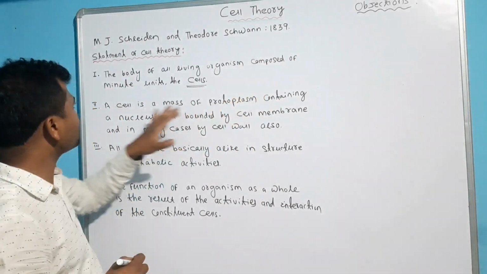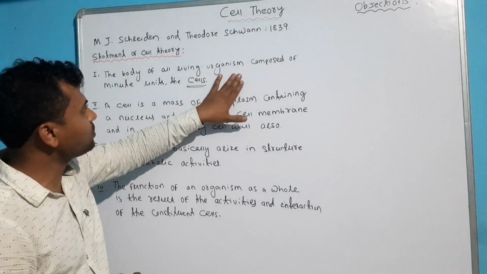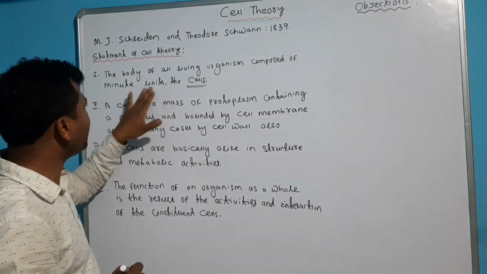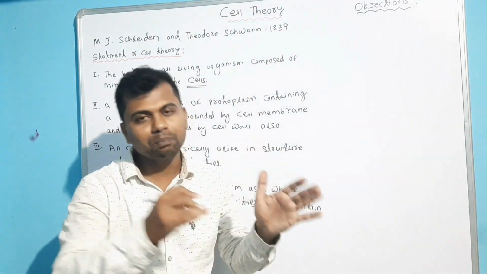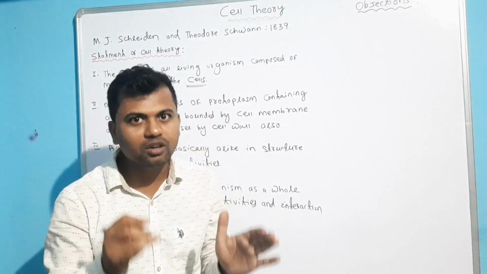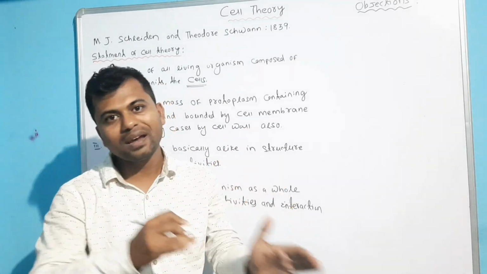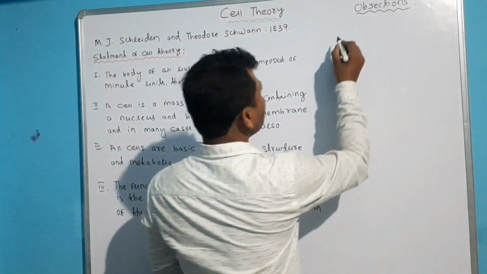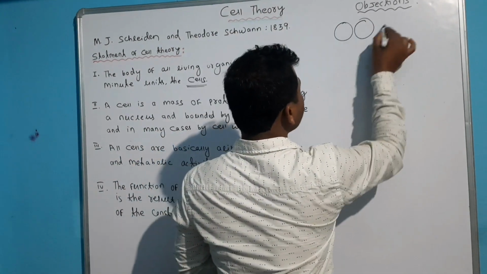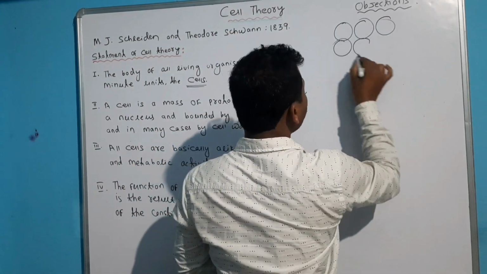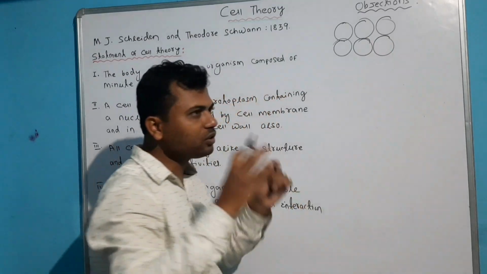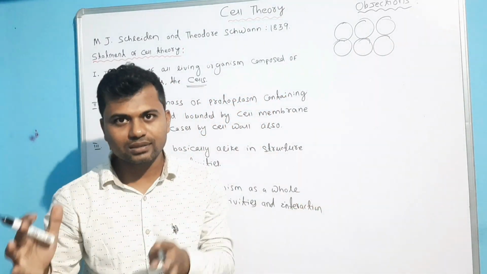The first statement is: the body of all living organisms is composed of minute units, the cells. This statement implies that the body of all living organisms should be composed of many cells. For example, in the case of humans, our body is composed of many cells.